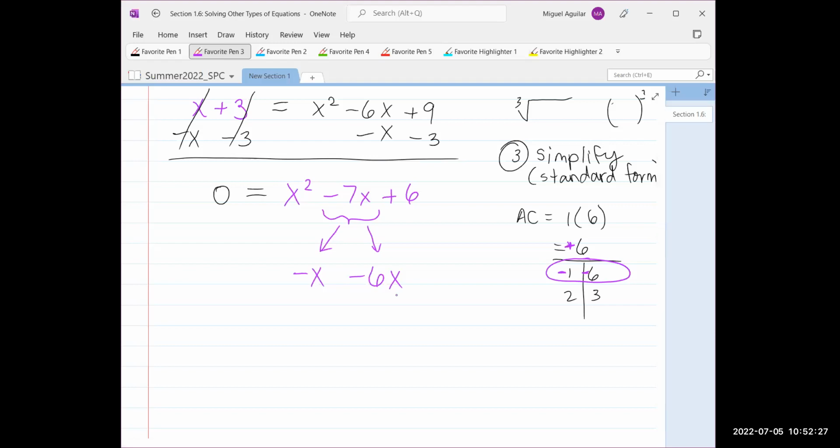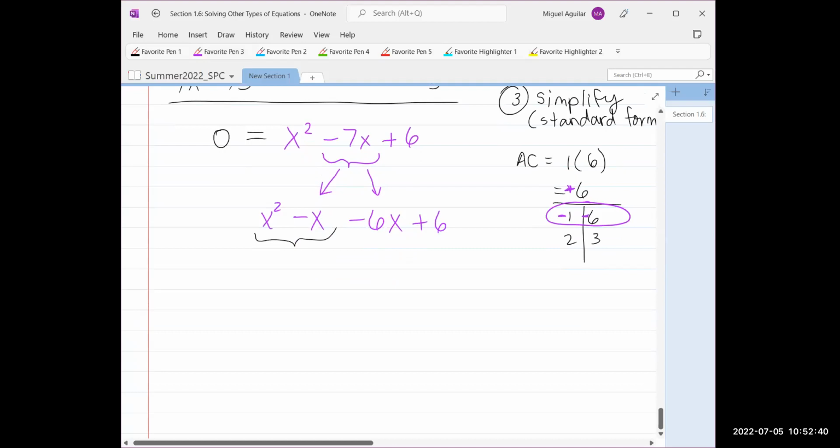We don't have to worry about that x squared now because the middle term is just an x. What we will do is bring down our terms x squared and our 6 here, and then we can factor by grouping. These two terms have what in common? An x. They just have an x in common. So I'll factor out an x, that leaves me with x minus 1. And then these two terms have what in common?